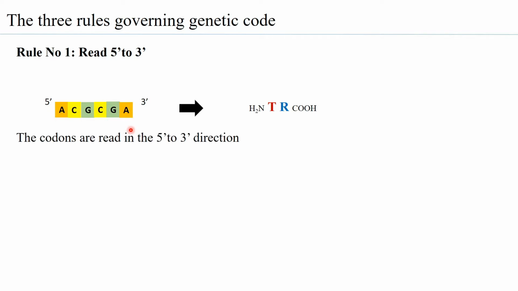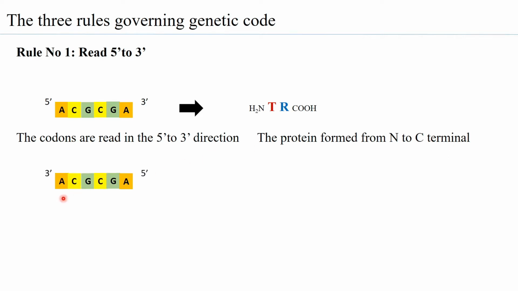Now, let us take another instance. So if the codons are read in the 5' to 3' direction, the proteins are formed from the N terminus to the C terminus. Let us consider another case where we are just reversing the sequence.